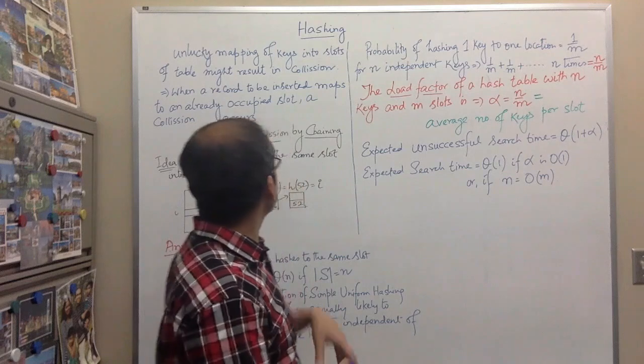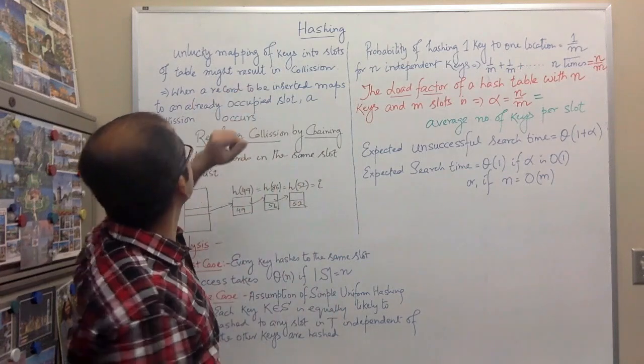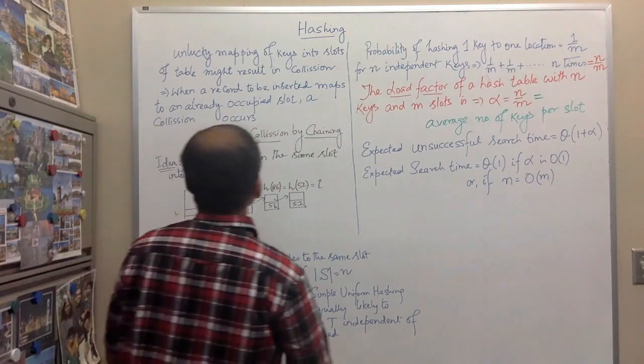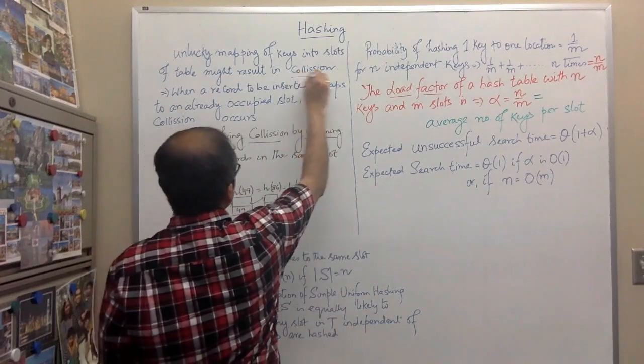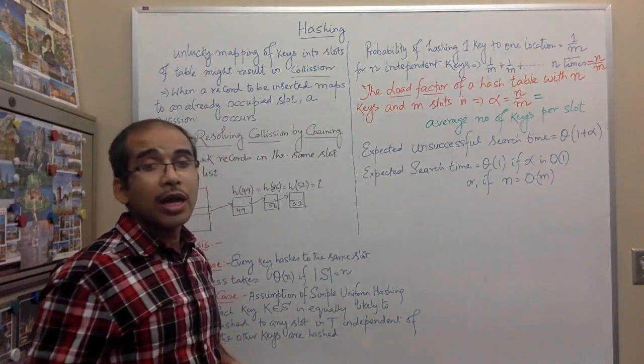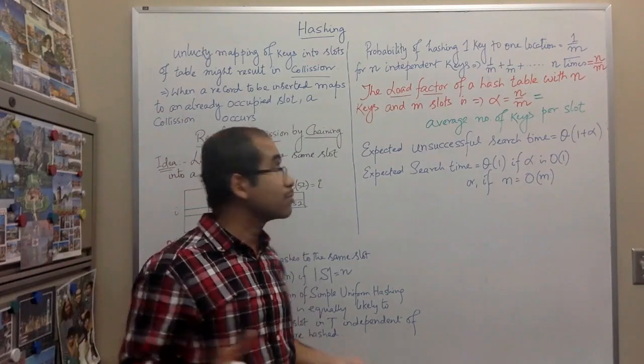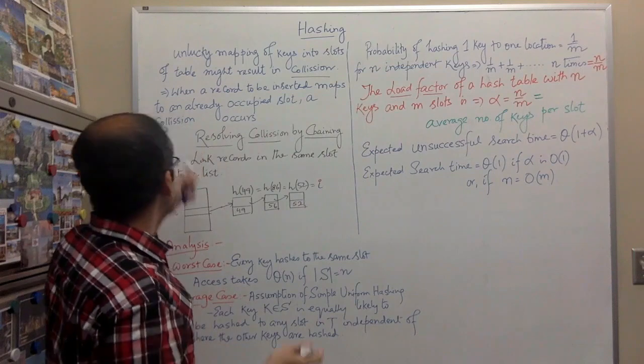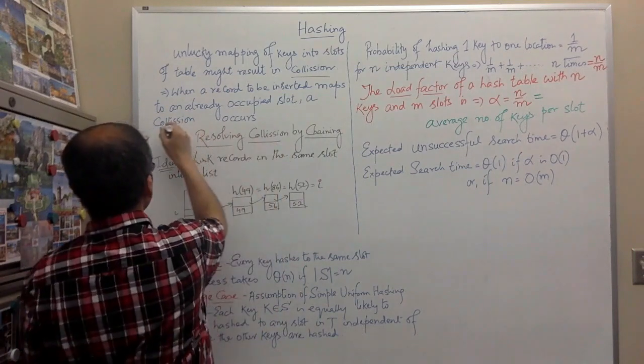Unlucky mapping of all keys into slots of the table might result in collision. A collision is when more than one item hashes to the same slot. So when a record to be inserted maps to an already occupied slot, a collision occurs.